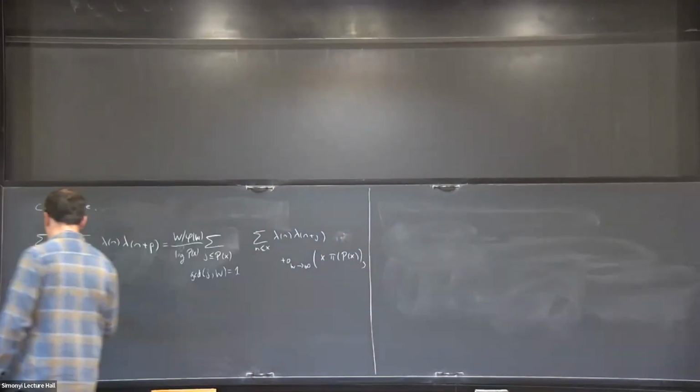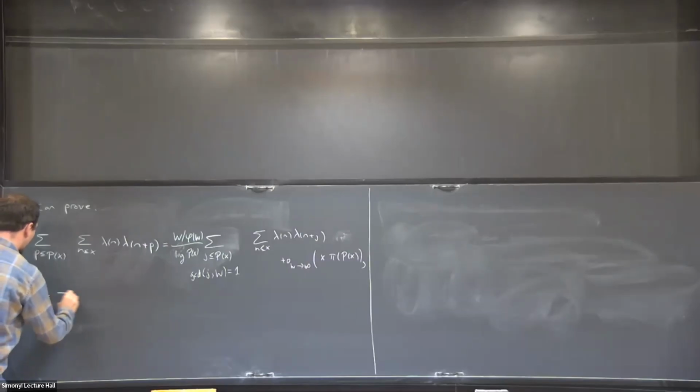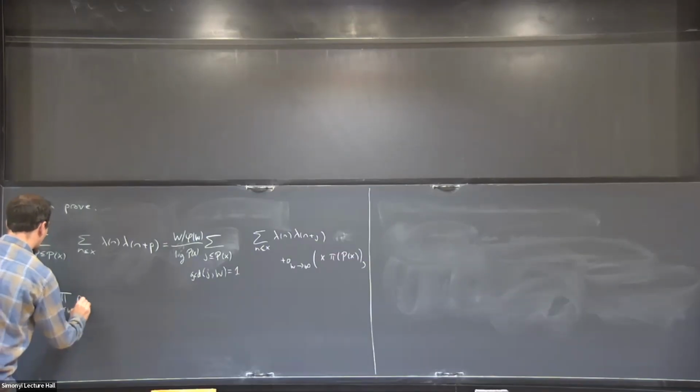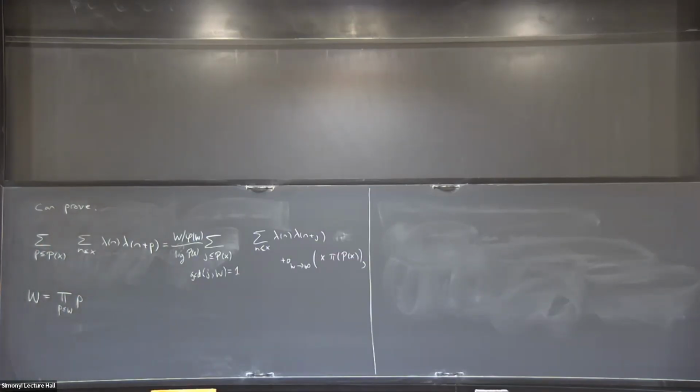Okay, so what is W? It's the product of primes up to little w, where little w is a parameter you can choose. And so, of course, this W refers to the W-trick.